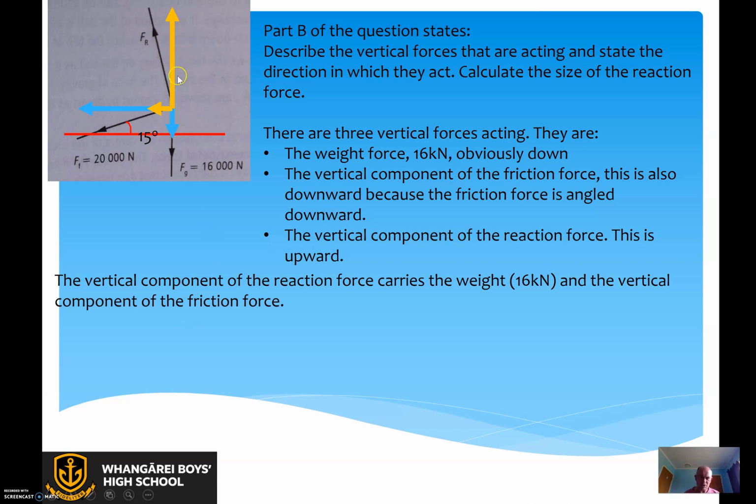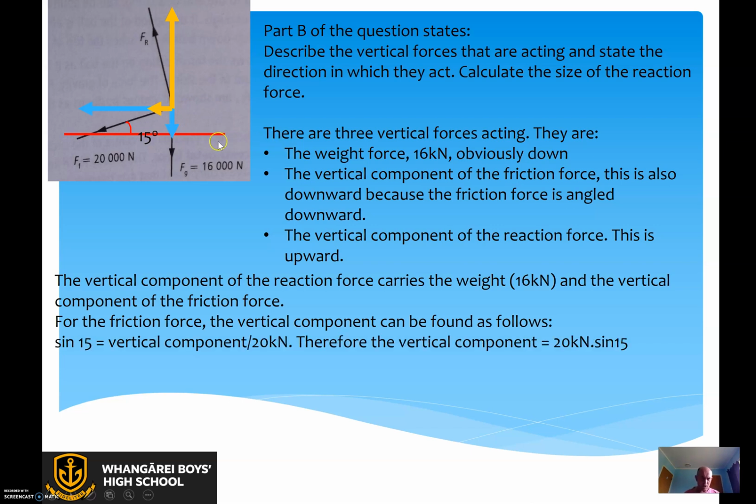If you look at this picture here, this thing here carries the weight force that they've drawn in, plus this little blue vector I put in here. And so for the friction force, the vertical component can be found, well, if we have the sine of 15 as opposite over hypotenuse, which is going to be the vertical component divided by 20,000.